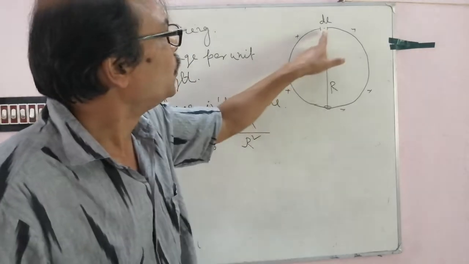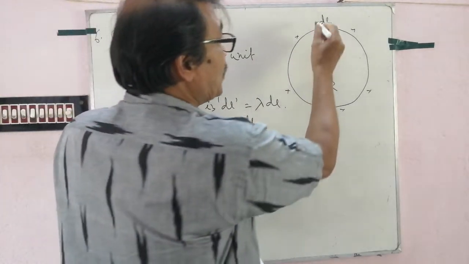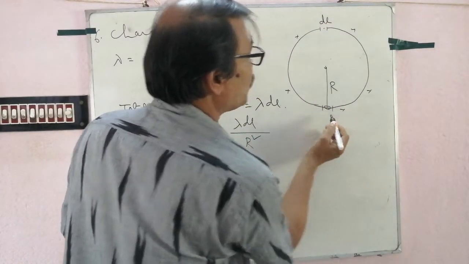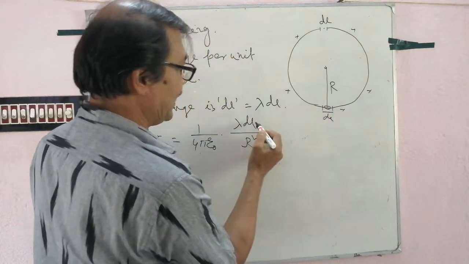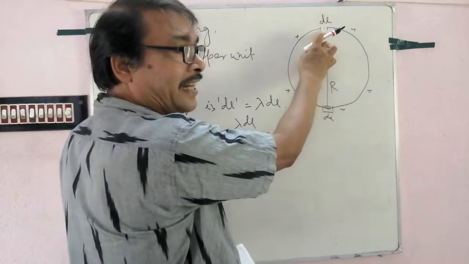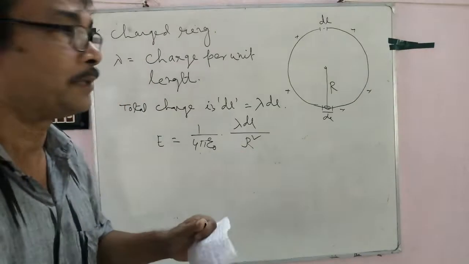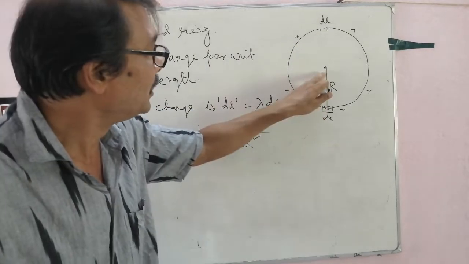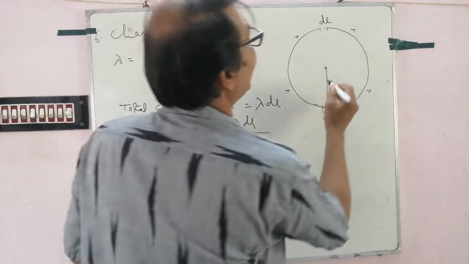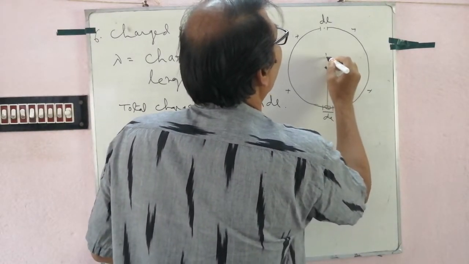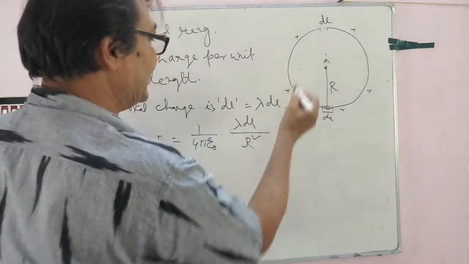No charge here, but I take lambda dl on the opposite side, a similar point. This lambda dl cancels, but on the cut portion there is none. So the field will be created due to this portion, and the direction is this way. Clear? Because it is positive charge, it is towards this direction.